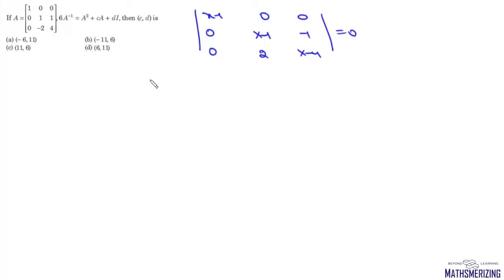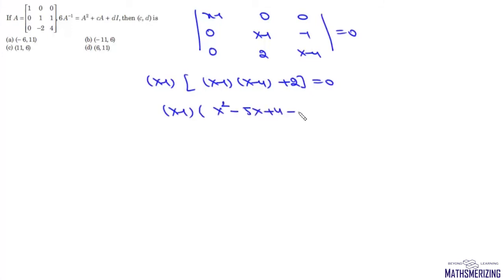Now we'll simplify this. We'll write x minus 1 into x minus 1, x minus 4 plus 2, and it must be 0. So we can write this as x minus 1 and then x square minus 5x plus 4 plus 2 equals 0. So it will be x minus 1, x square minus 5x plus 6 equals 0.